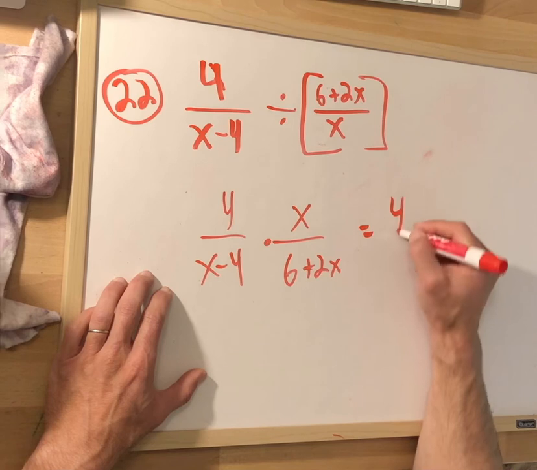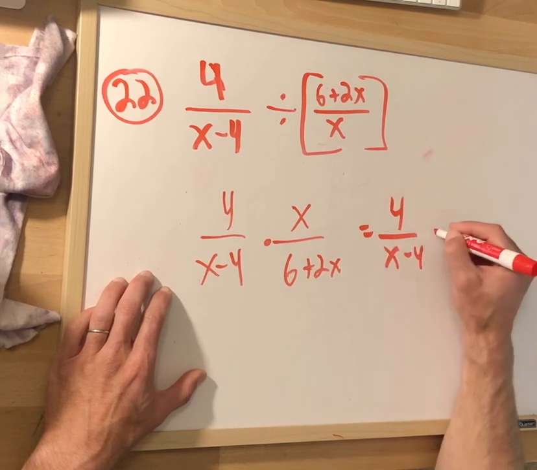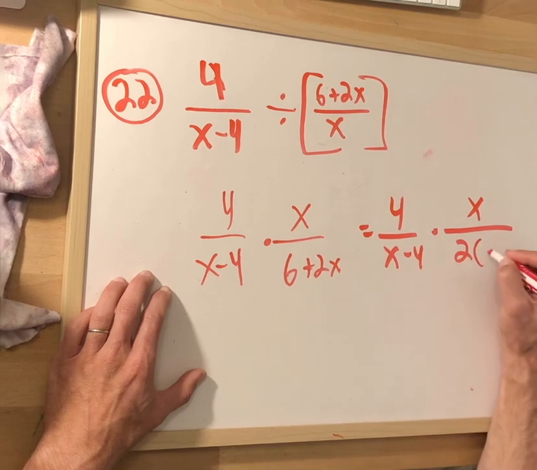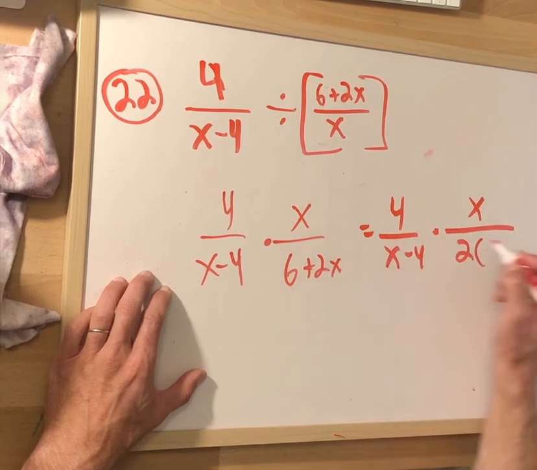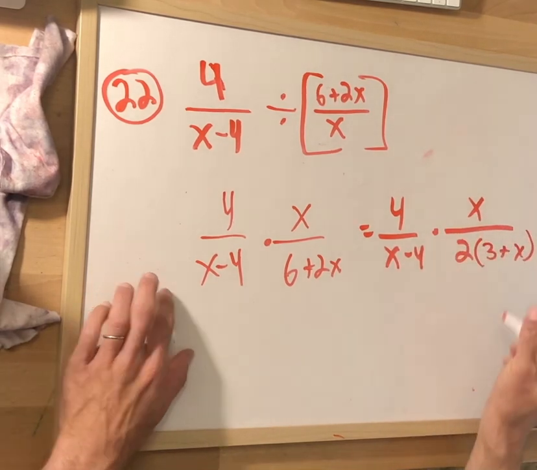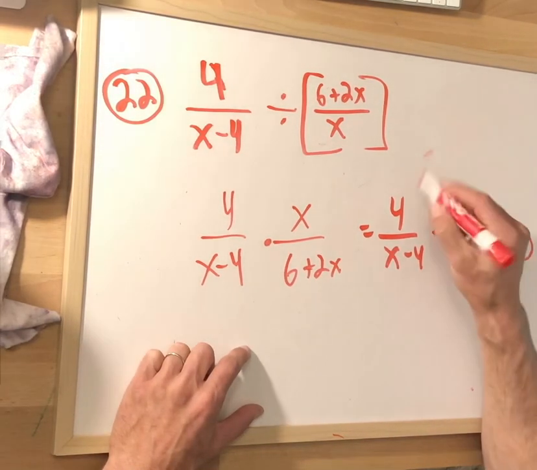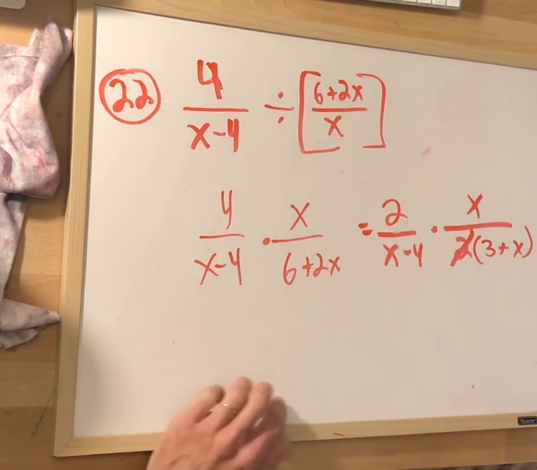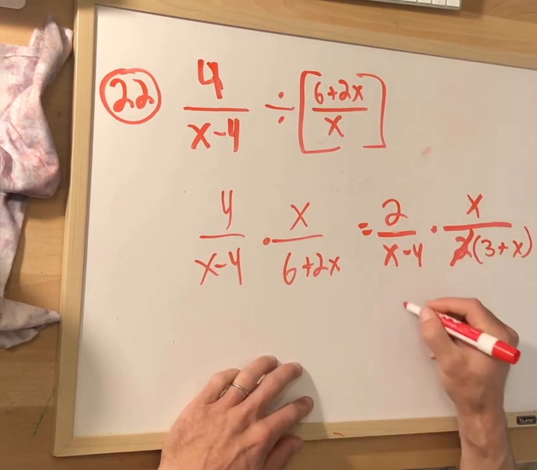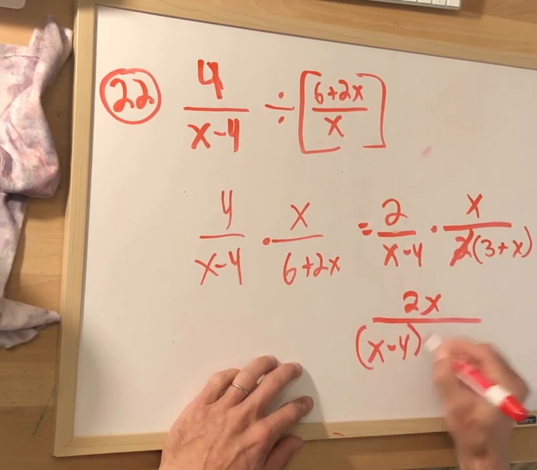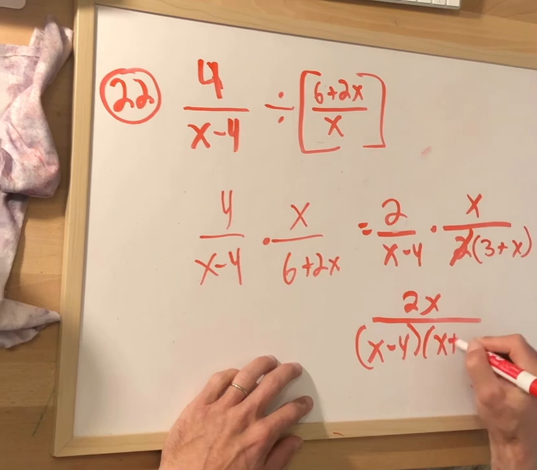So I'm going to say 4 over x minus 4 times, I can factor out a 2 from both of these to give me 3 plus x. The reason why I'm doing that is because I'm going to simplify. This is gone, and this becomes a 2. So my answer is 2 times x is 2x over x minus 4 times x plus 3.